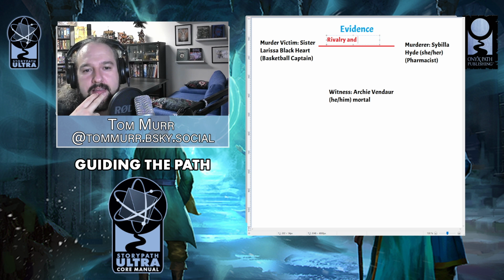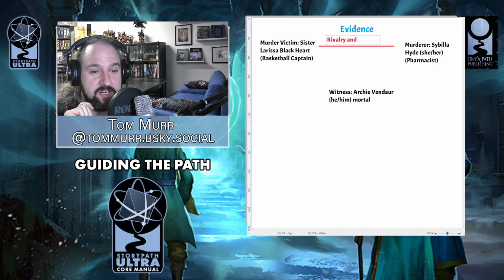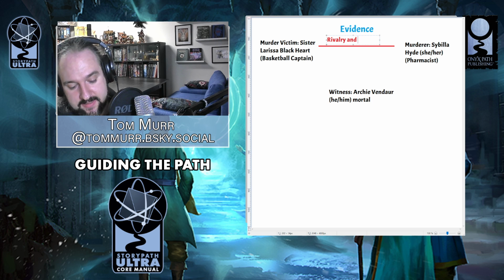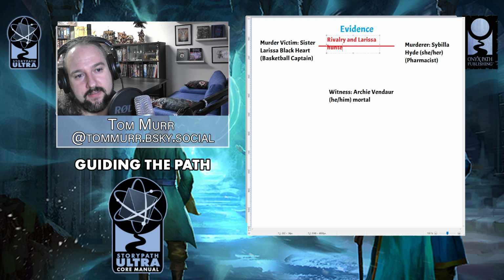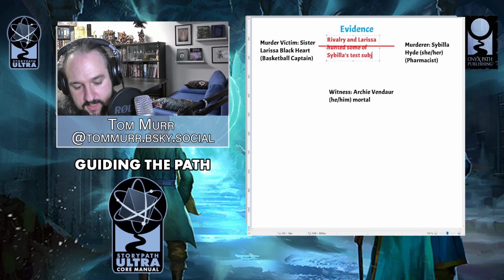Oh, but Larissa hunted several of Sibylla's projects. And Larissa hunted, this is looking great, some of Sibylla's test subjects.